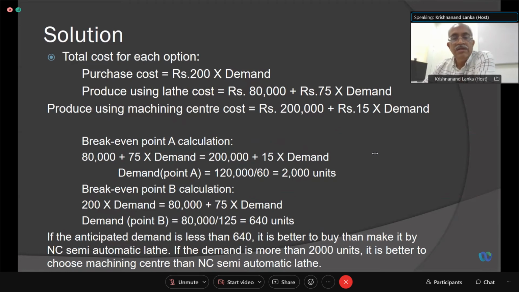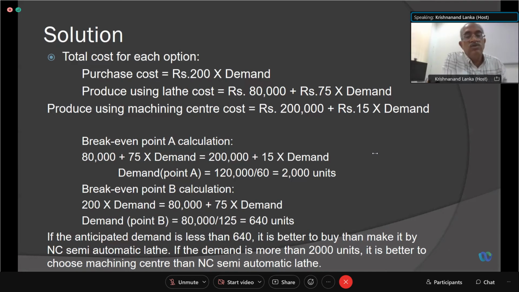One is when you want to decide whether you want to go for the machining center or the semi-automatic lathe. To find that out, we are equating, trying to find the exact value at which they break even.